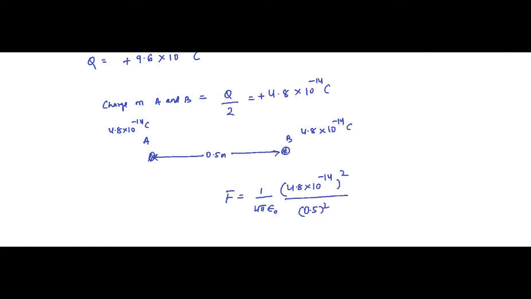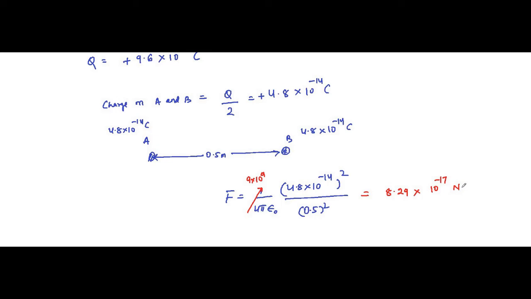We know 1 by 4 pi epsilon 0 can simply be substituted as 9 into 10 to the power 9. So this will be 9 into 10 to the power 9 into 4.8 into 10 to the power minus 14 whole square by 0.5 whole square. The result will be 8.29 into 10 to the power minus 17 Newton.